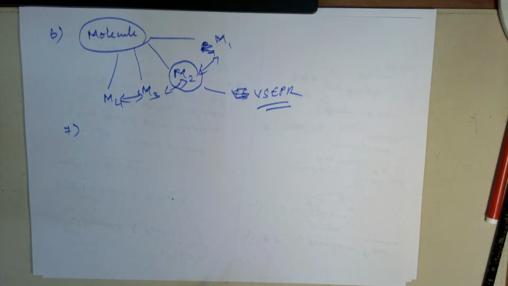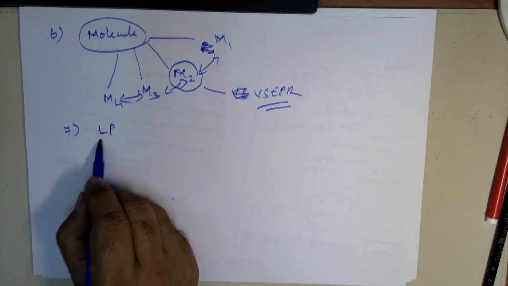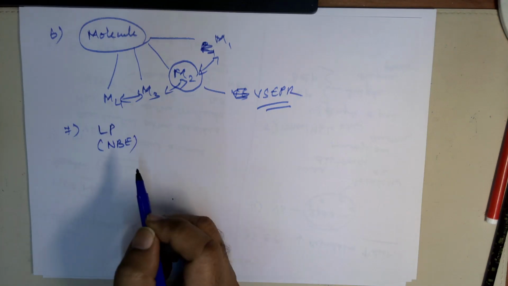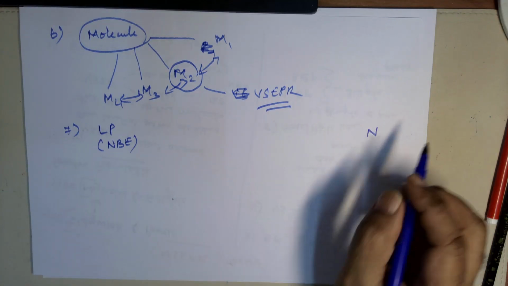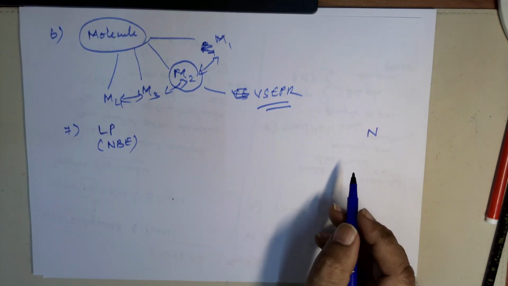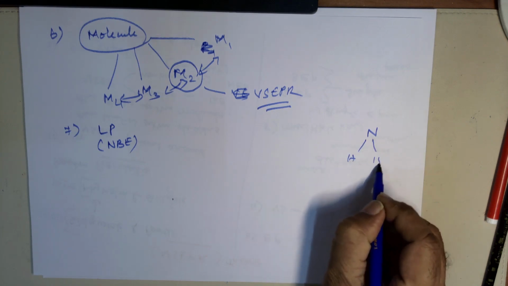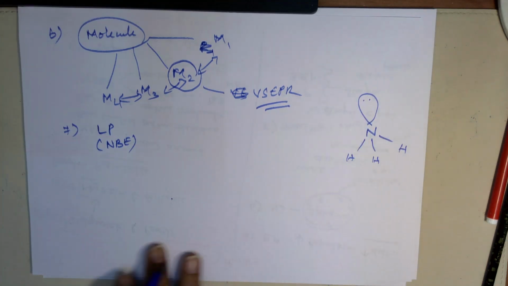A lone pair occupies more space. What is this lone pair? What I said, non-bonding electron. That is why you would have seen when I drew the structure of ammonia, we used to write NH3 like this, and this is kept alone without any disturbance.